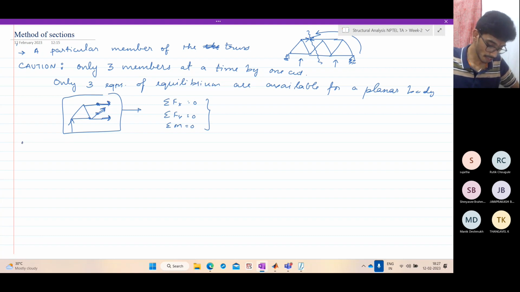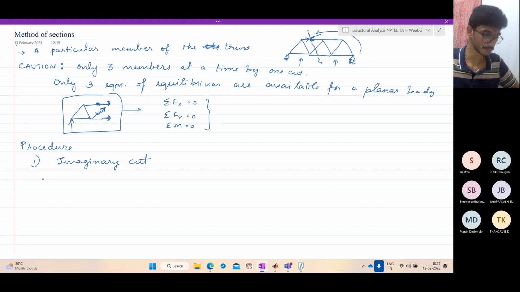Now, what is the procedure? I have already mentioned it, I'll just put it down. One, make an imaginary cut through three members. Assuming you already determined the reactions, draw the free body diagram of that half.